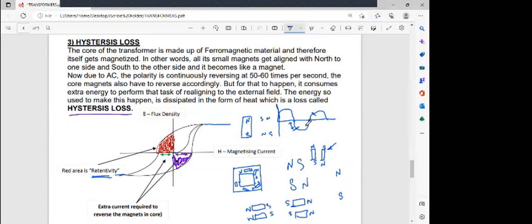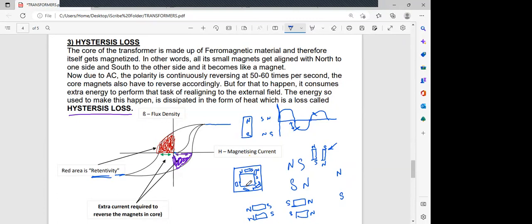Then as the cycle comes towards zero, again they will start becoming higgledy-piggledy, but still some magnets will be arranged in this manner. Exactly as we had in the positive half, we have in the negative half. And as we said, we have to then increase the current in the opposite direction. So now we are coming this side.